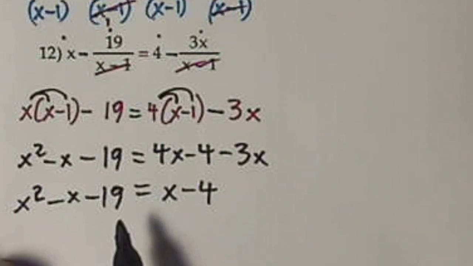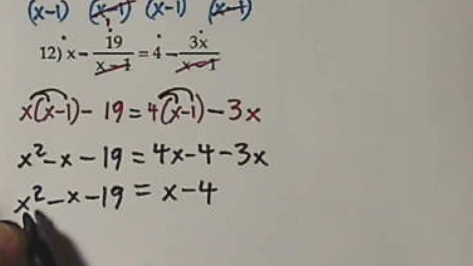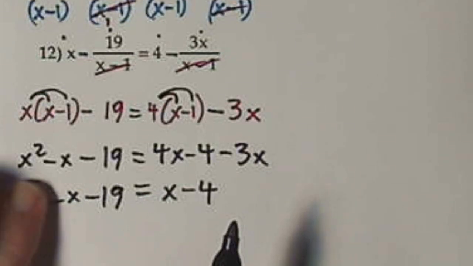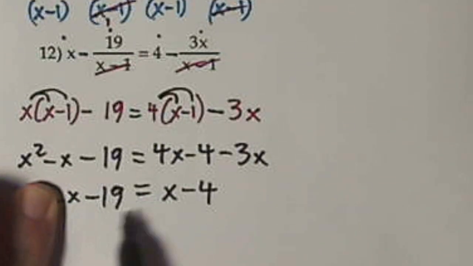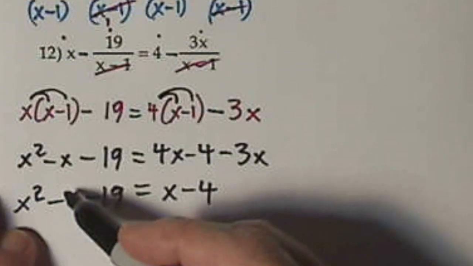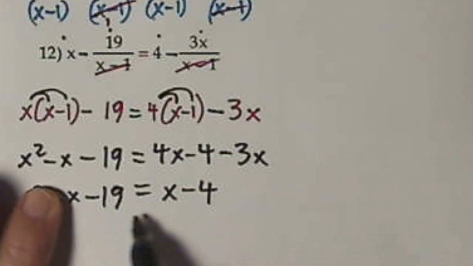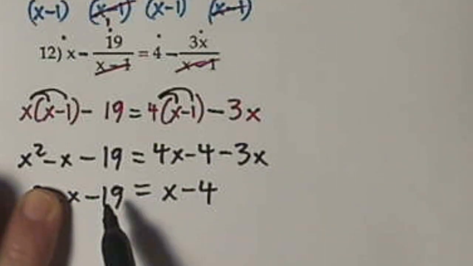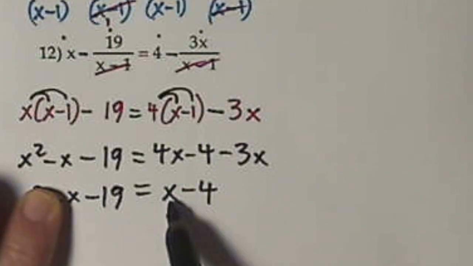When you have a term squared, you can't just get x by itself the traditional way. If all I had was 5x minus 19 equals x minus 4, there would be a way to solve it: just get rid of the 19 or get rid of the x.